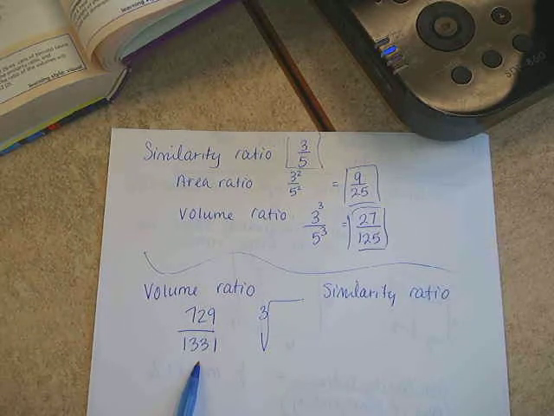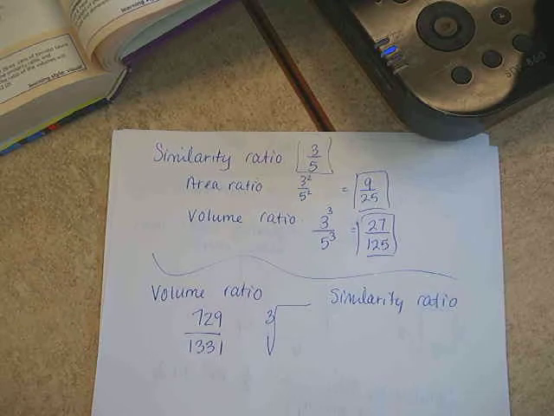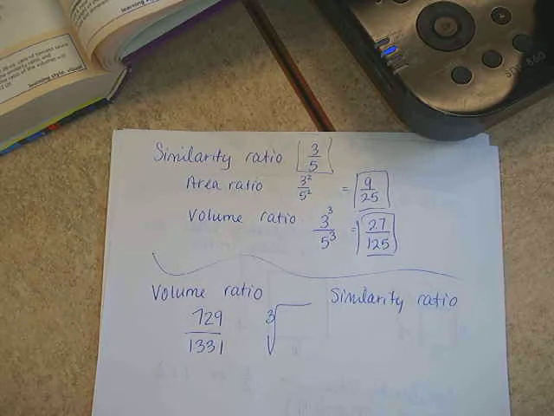And since we're starting with volume, okay, to get to similarity, we're going to use a cube root. Now you might want to make sure that this fraction is totally simplified. Okay, if you go to take cube roots and you're not getting whole numbers, then chances are they gave you one that could be simplified. You want to do that first.